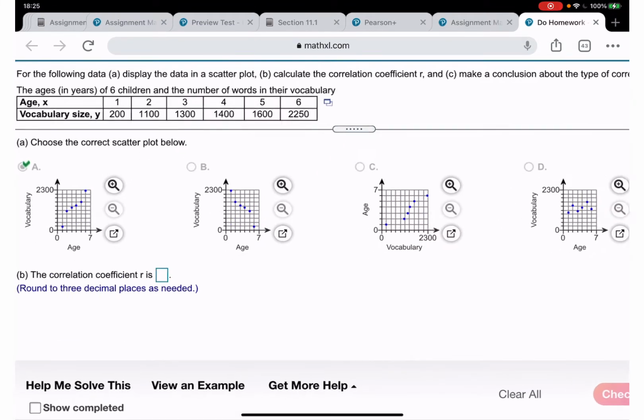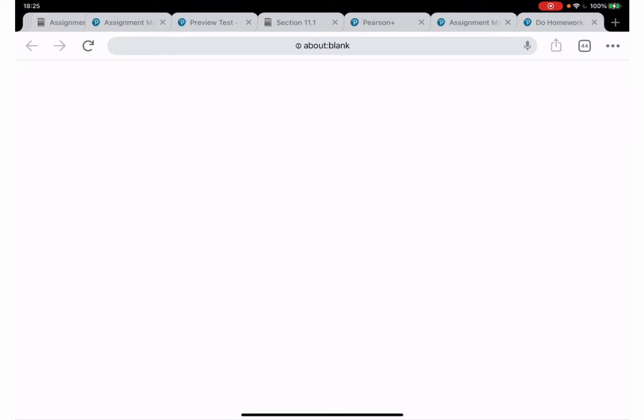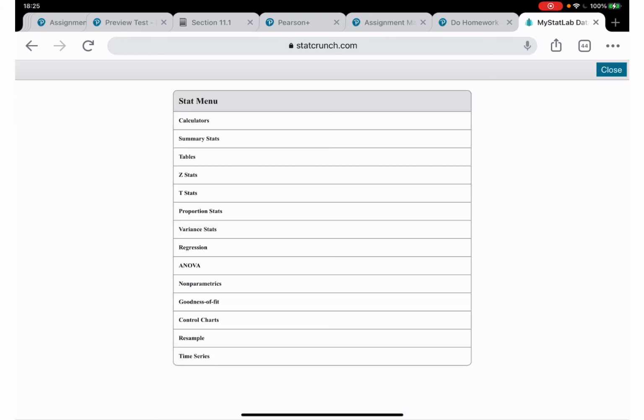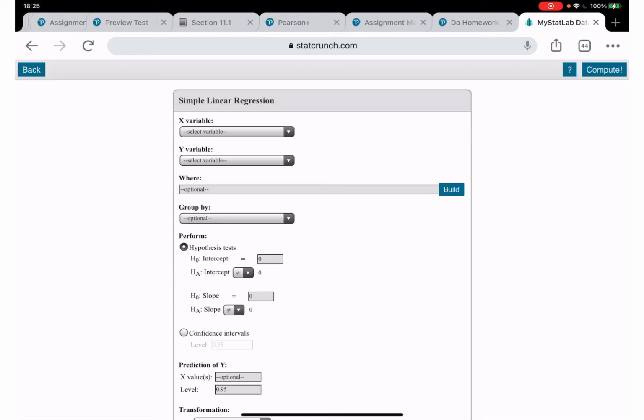Oh, correlation coefficient. Okay, let's go after the correlation coefficient. Stat. Where is it? ANOVA, regression here. We are clicking on regression, and we are choosing simple linear regression.